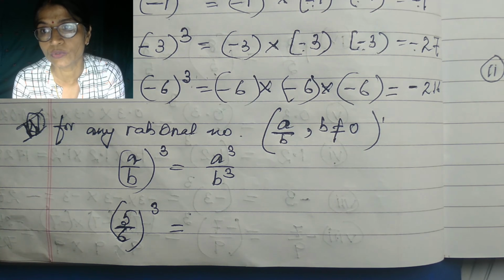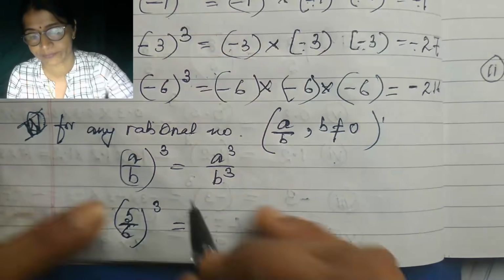Why? Because 2 means 2 by 1 and 3 is 3 by 1, so the denominator is not 0 here, it is 1. So this is also a rational number. Rational number means any number in the form a by b where b is not equal to 0. So whether it is 2 or 3 or 5 by 4, 6 by 7, all are rational numbers.